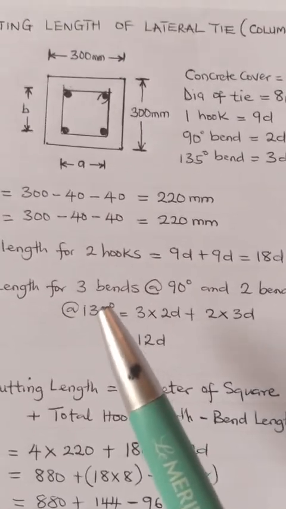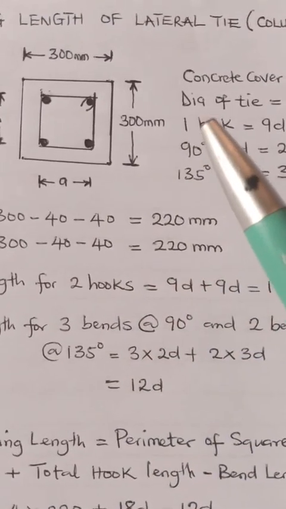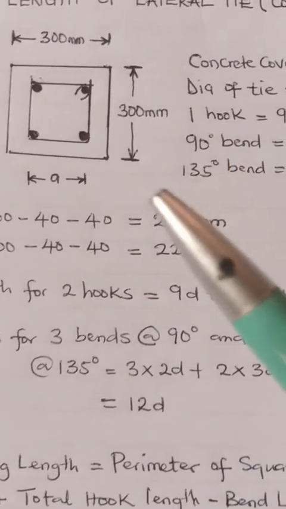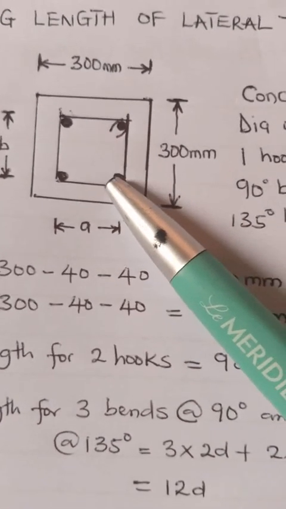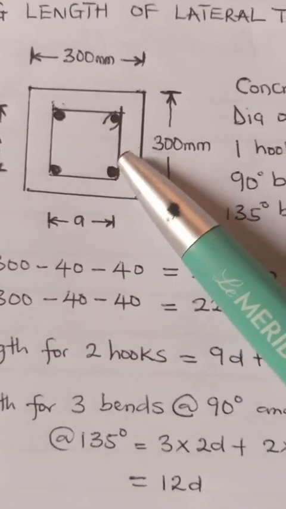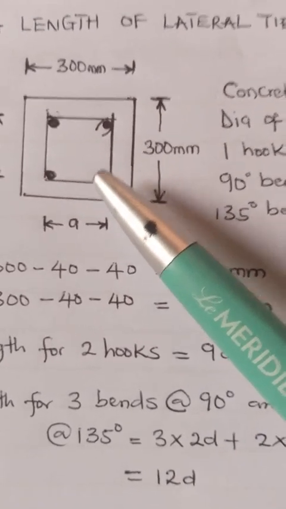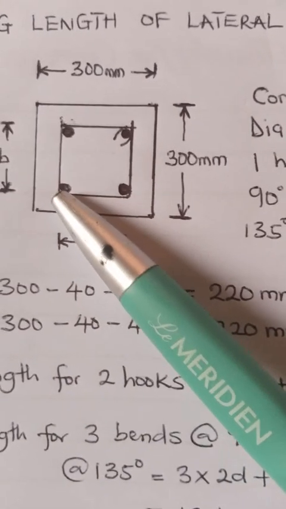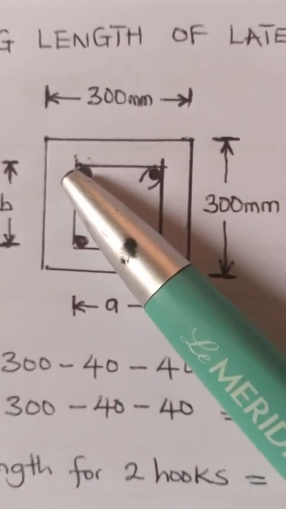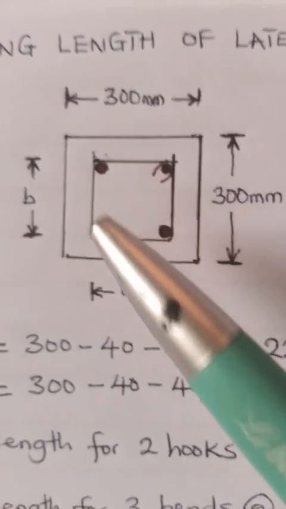So let me explain this. If you look at this diagram now, the angle here is 90. The angle the stirrup makes here is 90, so we have 1. Then at this point, it also makes 90 degrees, we have 2. At this point, it also makes 90, we have 3.